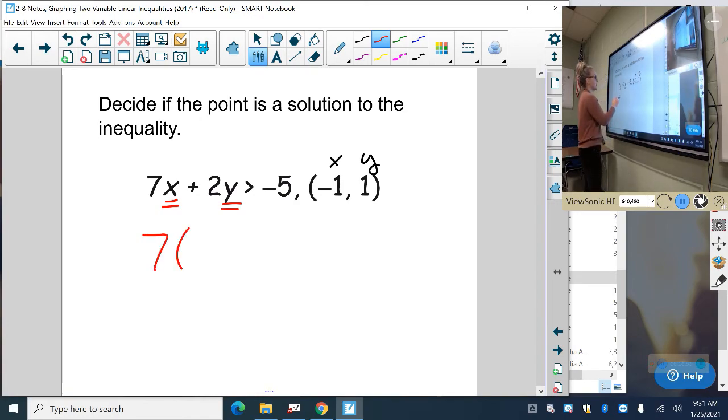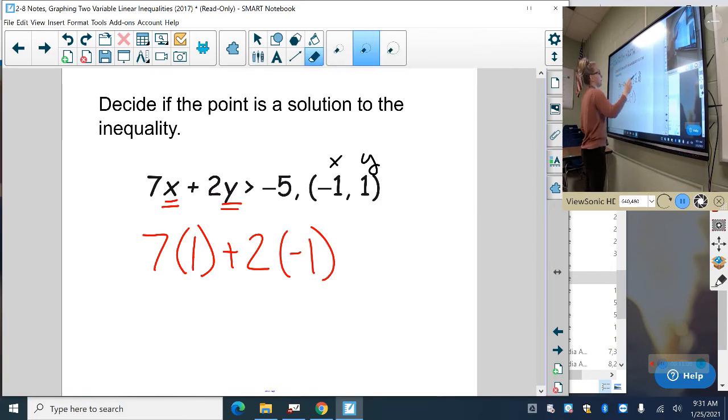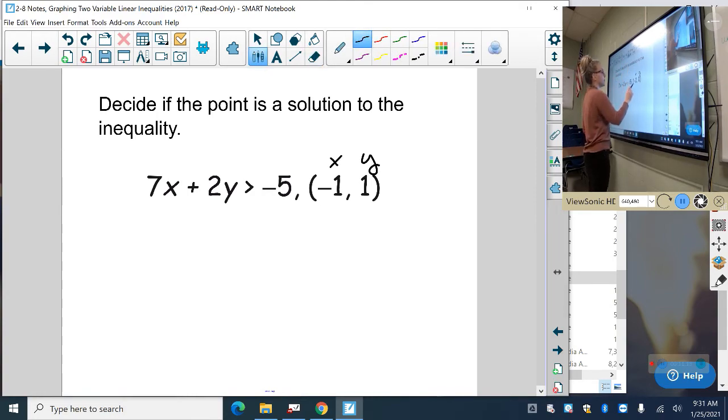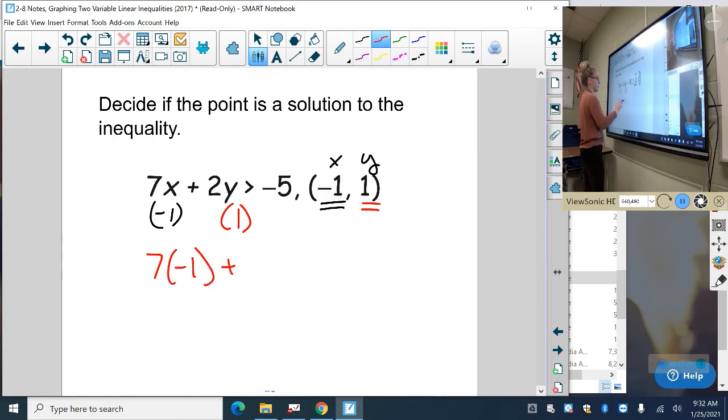So I have 7 times 1, because y is 1, plus 2 times negative 1. Oh, I'm sorry, I messed up. I'm backwards there. Okay, x is negative 1, so I'm going to put negative 1 in for this one. y is 1, so I'm going to put 1 in for this one. So 7 times negative 1 plus 2 times 1 is greater than negative 5.